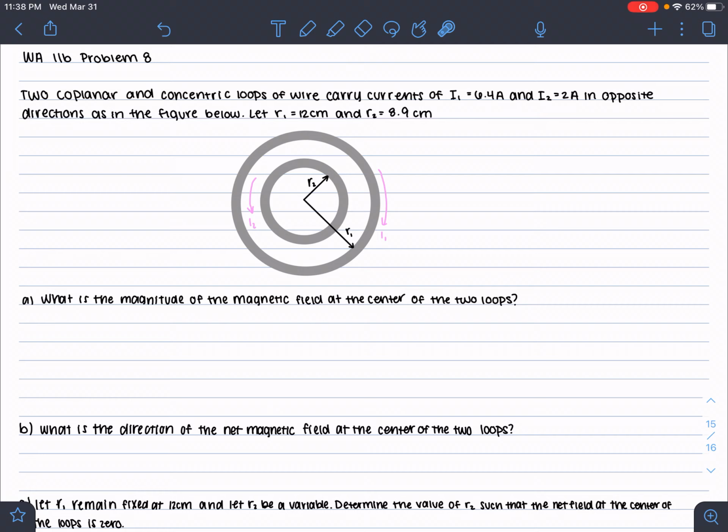So I used the right hand rule, and first I did I2, and my thumb pointed down, and then my fingers were pointing out of the screen, so the magnetic field due to I2 at the center is out of the screen, and then I1 is into the screen. So we're going to be subtracting them since they're going in opposite directions.